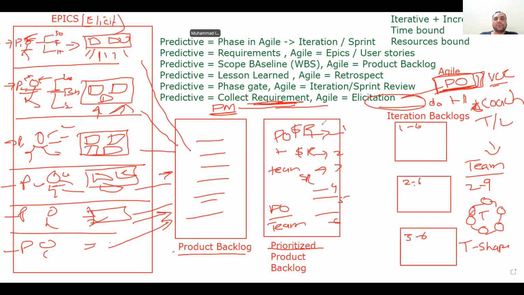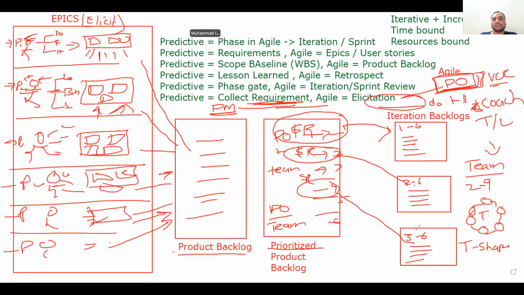Every team has to select the user stories on the top and decompose them into tasks. They take as many user stories as they can finish, and break them down into tasks. So this product backlog becomes the iteration backlog. This is the iteration backlog of 1, of 2, and of 3. The sprint size is also fixed: minimum 1 week, maximum 6 weeks.